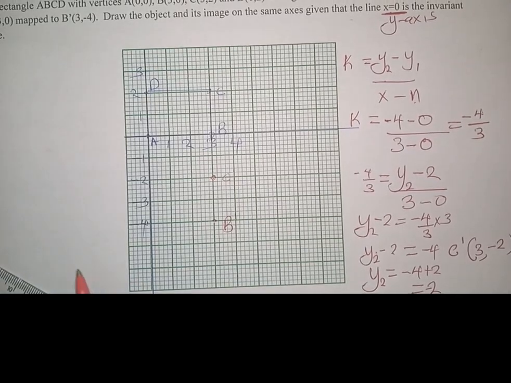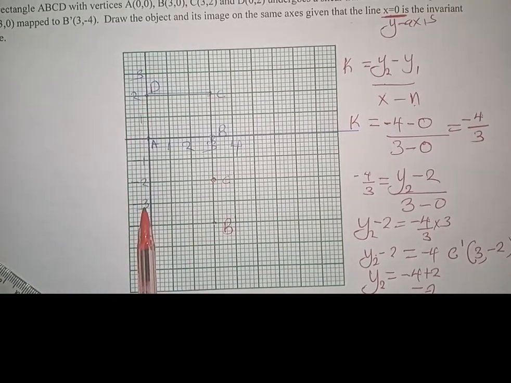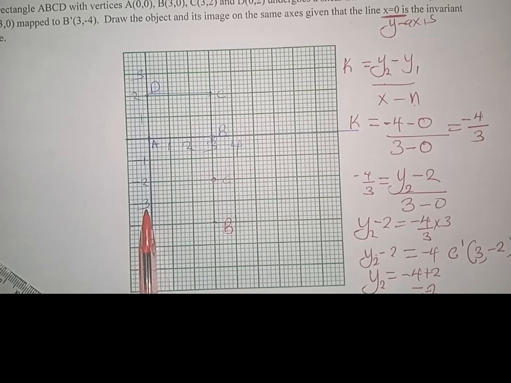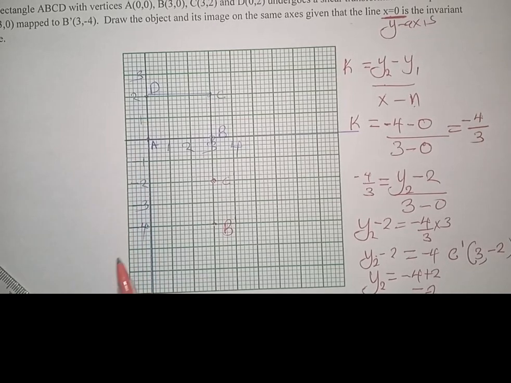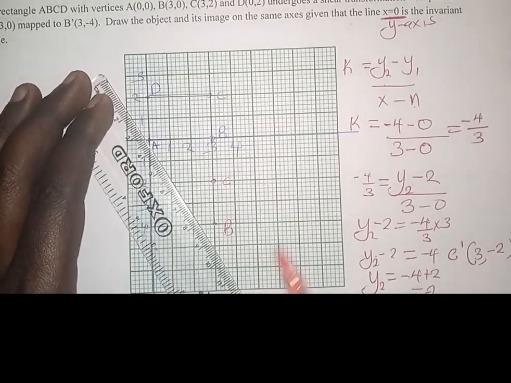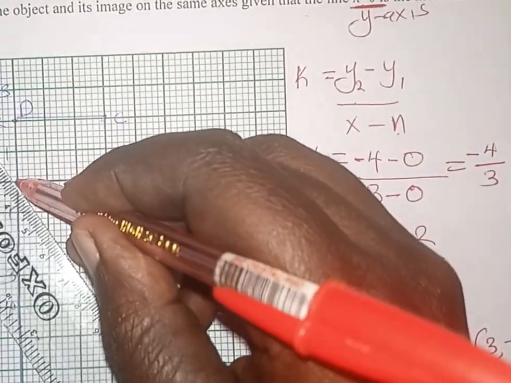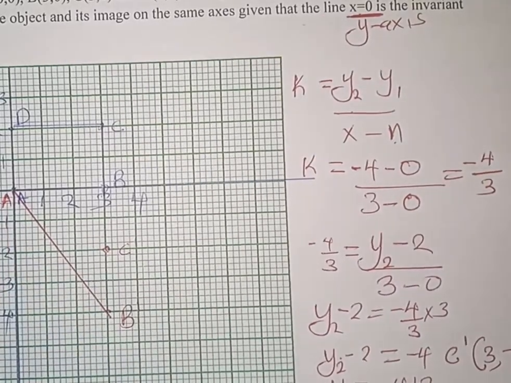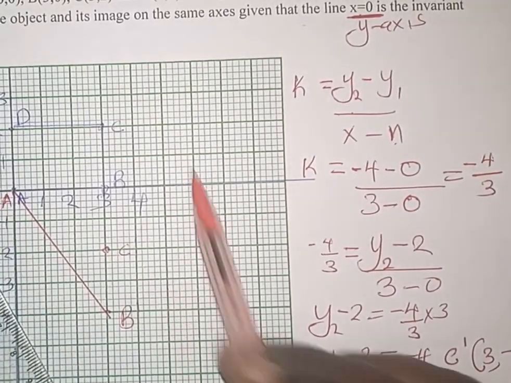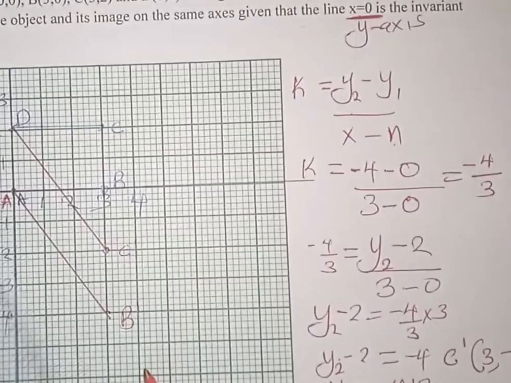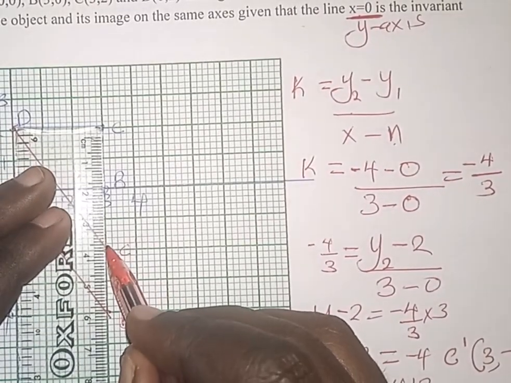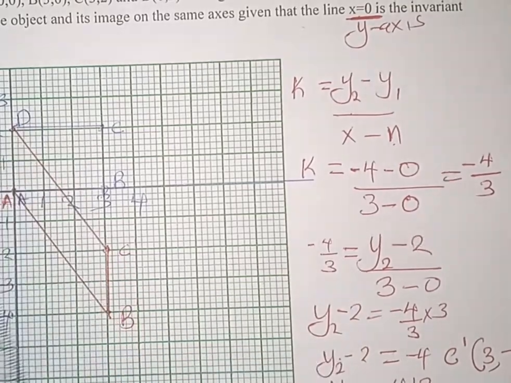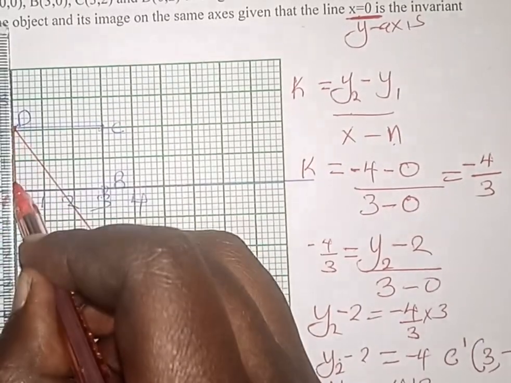The points that are on the invariant line remain unmoved. They don't shift positions. So we'll connect A to B prime. This is where A prime will be. Then D to C prime, and lastly B prime to C prime, that way.